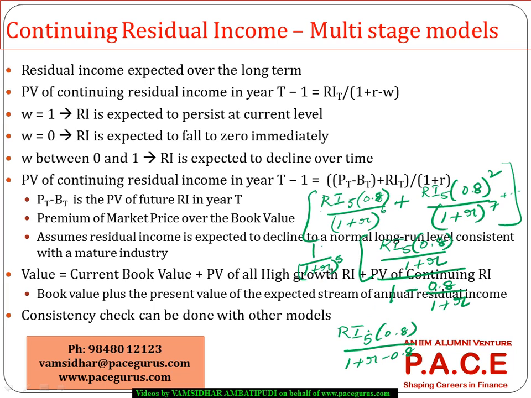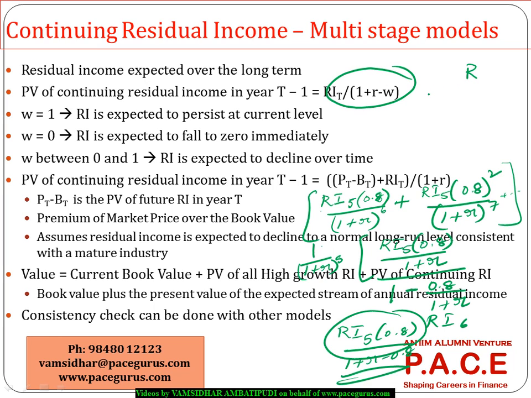So what is typically coming out here? This RI 5 into 0.8 is nothing but RI 6. So when we are trying to find out the present value, in all these cases there is a generalized thing that has come out.